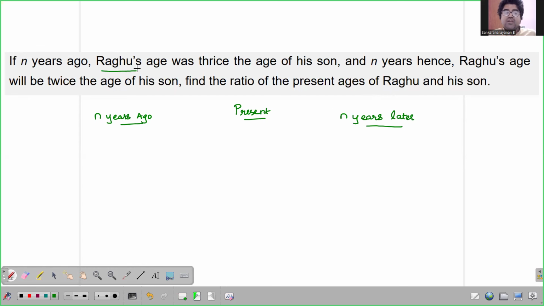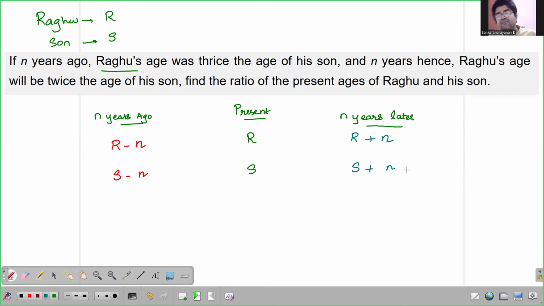2 people are involved. Let me consider the present age of Raghu as R, and the present age of the son as S. So I'm just writing here, this is R and this is S. N years ago, R minus N, S minus N. N years later, R plus N, S plus N. Okay, so that's a timeline.